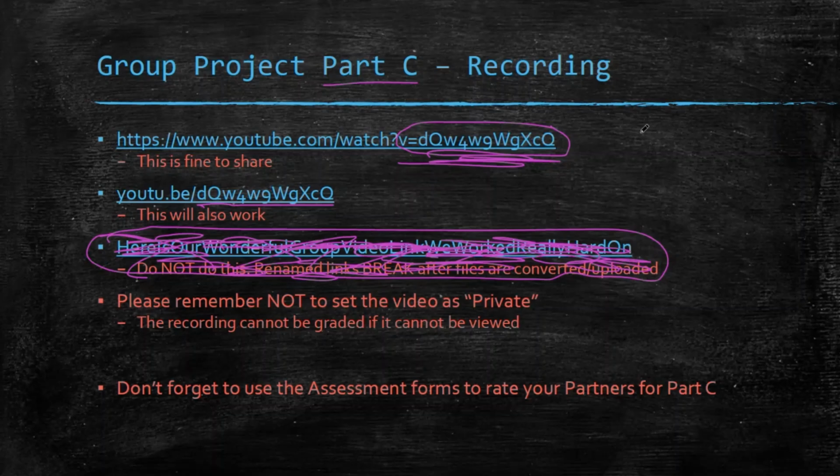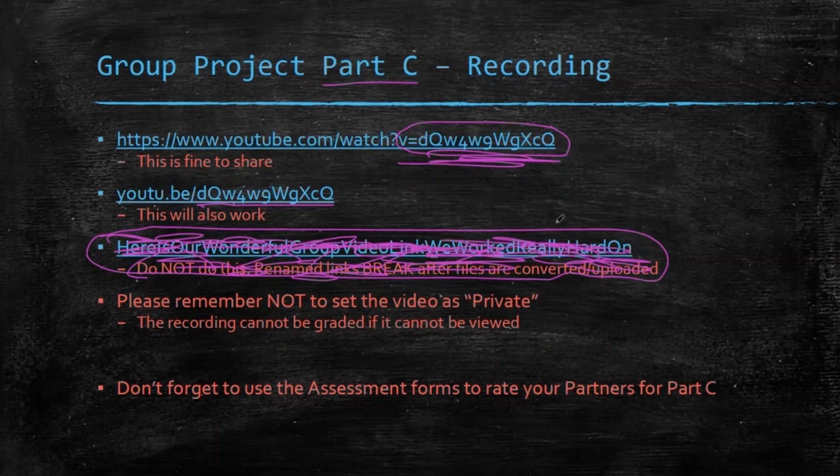Try not to post that link. If you're not sure how to fix it, send it to me with enough time that I can look at it and send it back. Usually what happens is you get a bunch of codes around this, percent something, different signs that represent these symbols. If you look carefully, you'll still be able to find a V equals or a long, ugly code like that. But communicate with me if you have any issues. If you have questions, please ask.